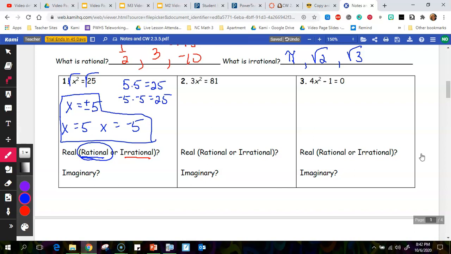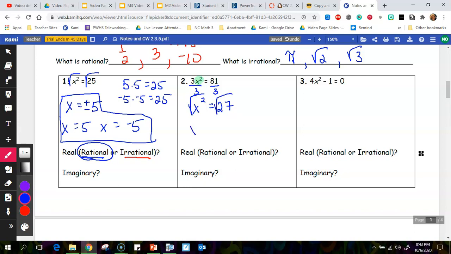This one we need to isolate the x squared. So we need to get this part by itself. To do that, though, we have to divide by 3 on both sides first. So x squared equals 27. Then we take the square root of both sides.